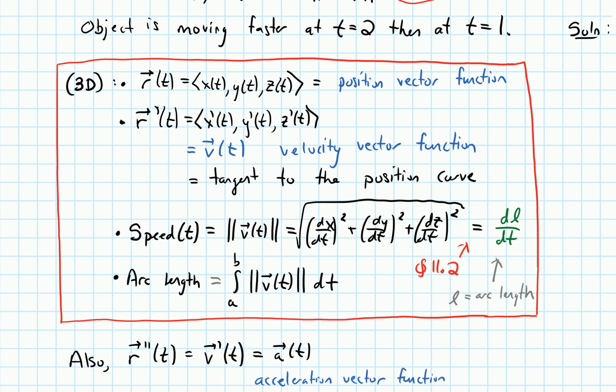The convention is if we wanted to draw this acceleration vector function, we would draw the tails at the heads of the position vector function. That's the same thing that we do when we draw the velocity.